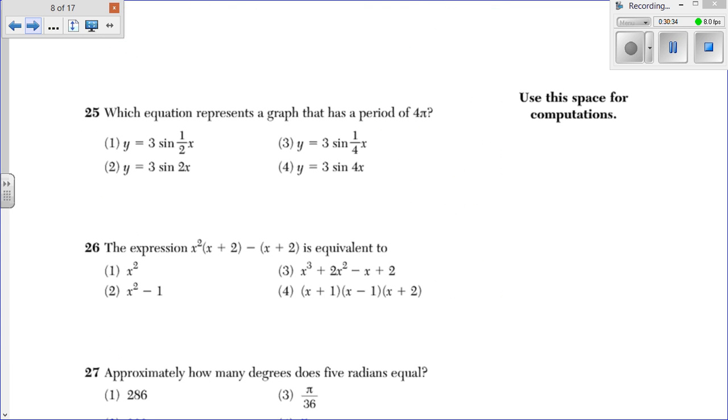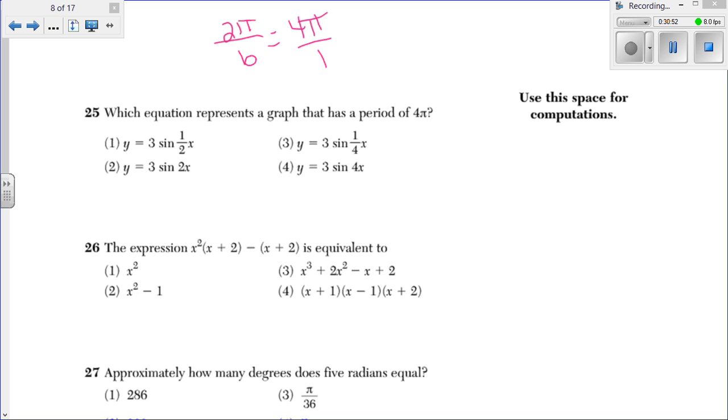That's it for that page. Getting close to the end. Which equation represents a graph that has a period of 4 pi? So 2 pi over b is equal to the period, and in this case that's 4 pi.